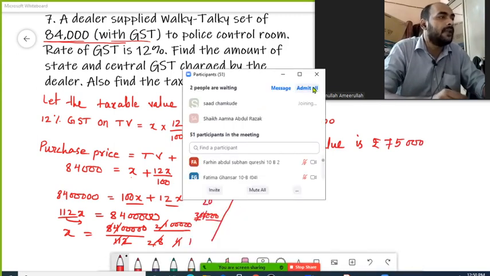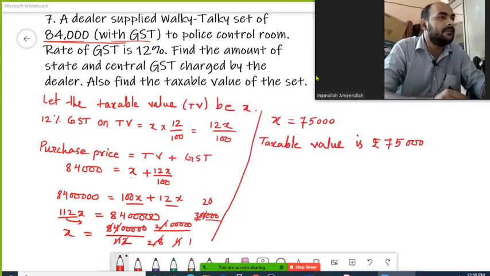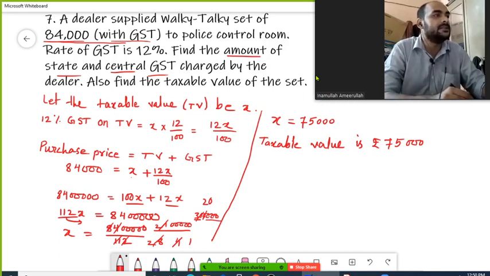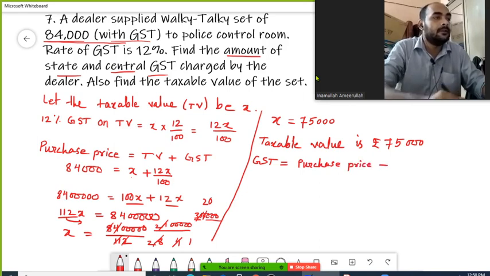If the taxable value is 75,000, the question is to find out the amount of state and central GST, that is CGST and SGST. And for that we need to find out the GST amount. So GST amount is purchase price minus taxable value.